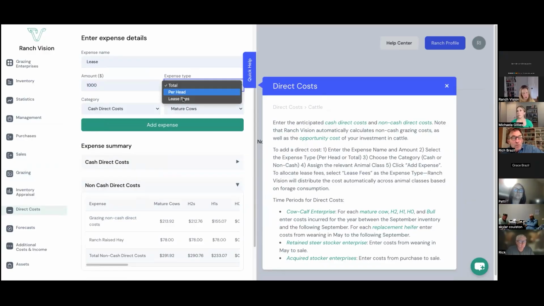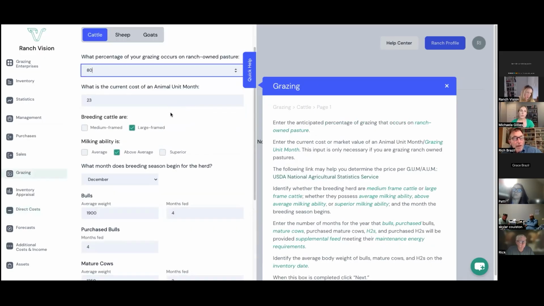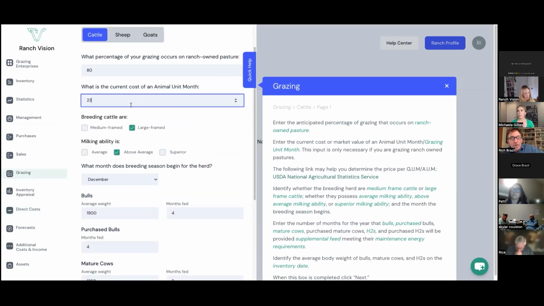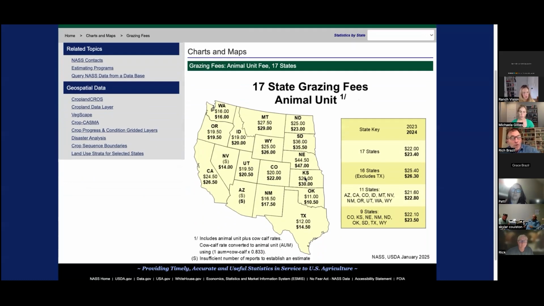So it just helps us to automatically calculate that for you. And then for the cost of an animal unit month, we have a link here for you. If you're in the US, it makes it fairly easy, especially the Western US. USDA puts up a report for the current market price for an animal unit month.